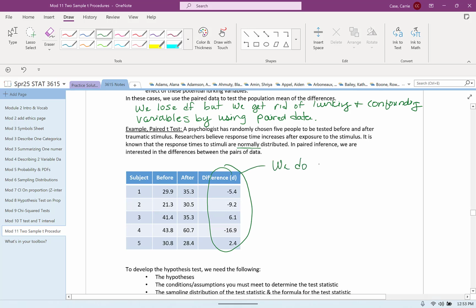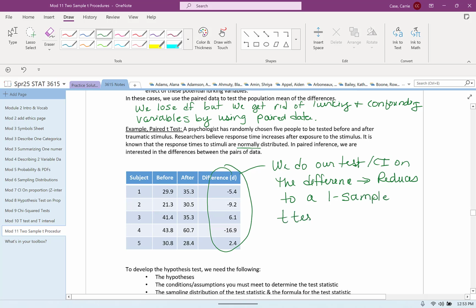And so the differences are what we're interested in. We do our test or our confidence interval on the differences. This confidence interval or hypothesis test reduces to a one sample t-test or t-interval.